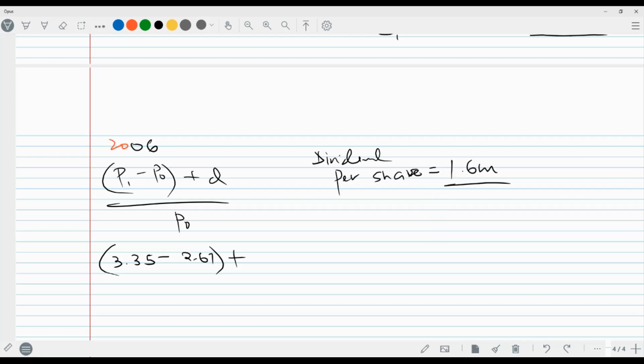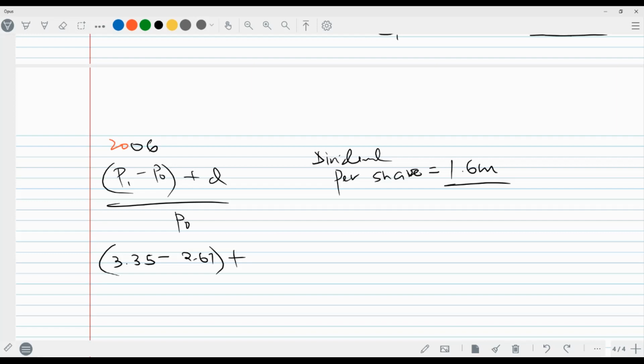We divide by the number of shares. How many shares does the company have? The nominal value is 5.5 million and the par value per share is $1, therefore the number of shares is 5.5 million.